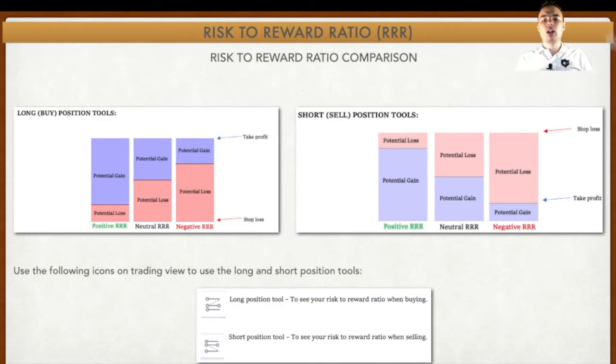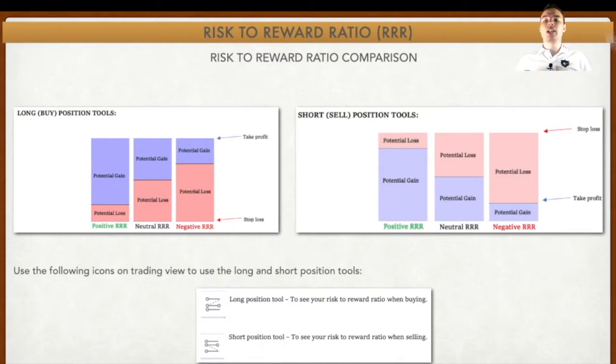Your neutral risk to reward ratio is nearly the same amount of potential gain compared to potential loss. That's more of a 1 to 1, so risking $1 to make $1. That's basically gambling. You don't want to risk 10,000 rand just to make 10,000 rand. It doesn't make sense in a logical way.